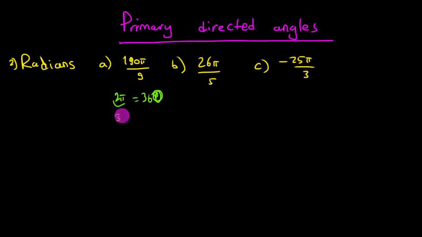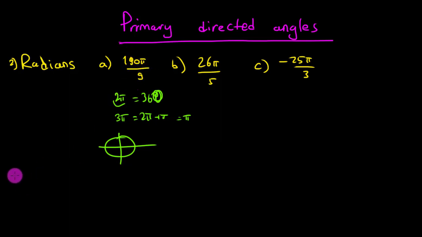So 3 pi doesn't make a full revolution. 3 pi is 2 pi plus pi, so 3 pi is equal to just pi. So always try to make the coefficient of pi an even number.